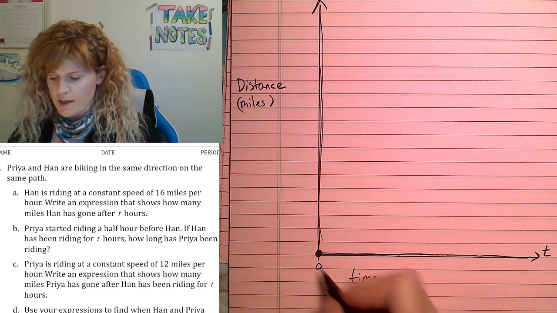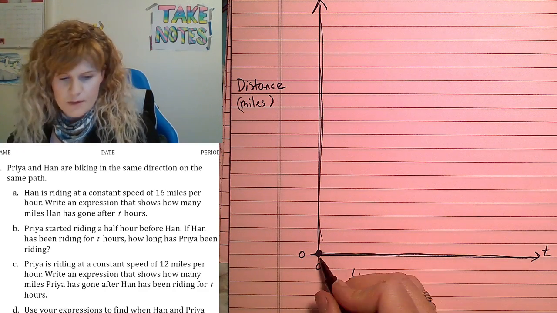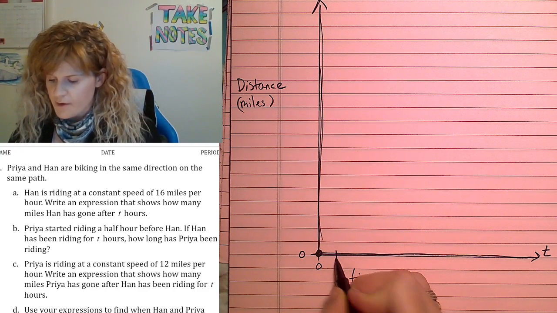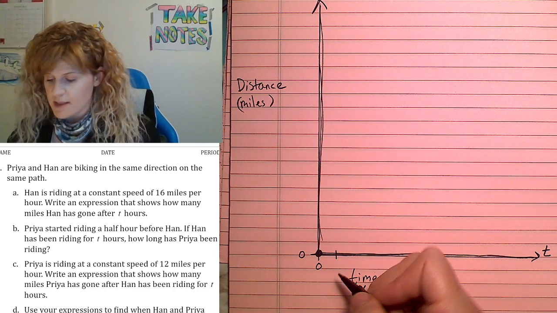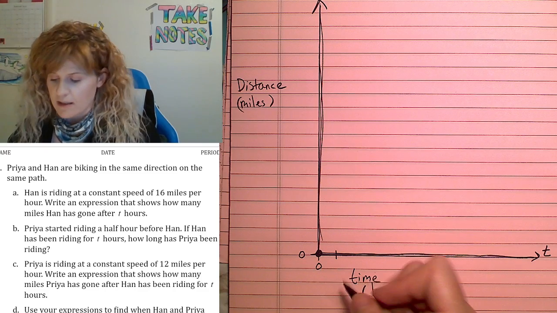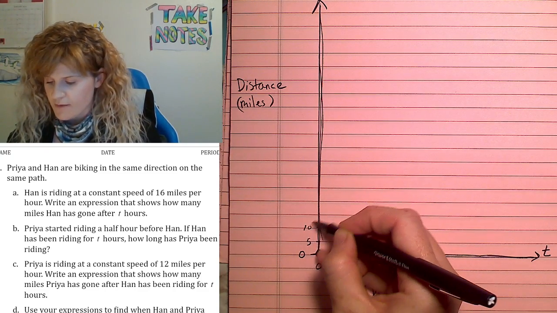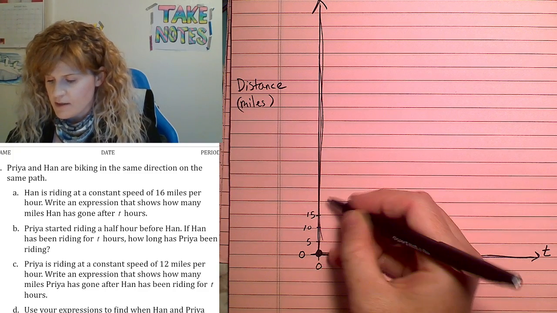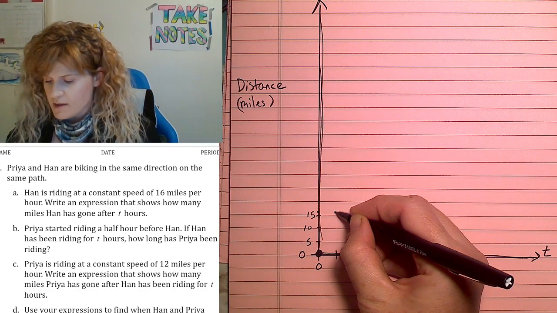T equals 0, and his distance at that time also equals 0. He's at the origin. And after the first hour, he has gone 16 miles because his speed is 16. I'm just going to say every line here equals 5. So that's 5, 10, 15. So 16 is just above the 15, something like that.